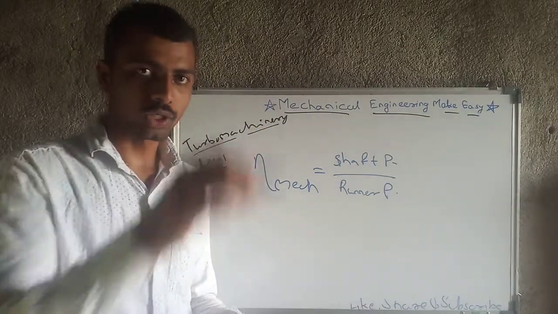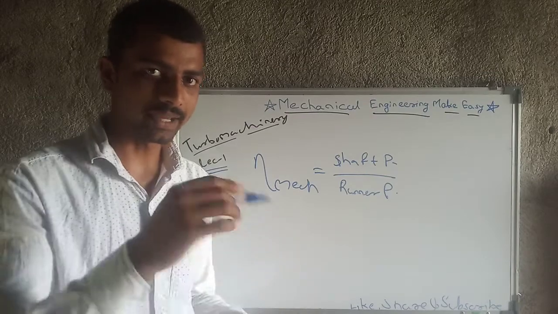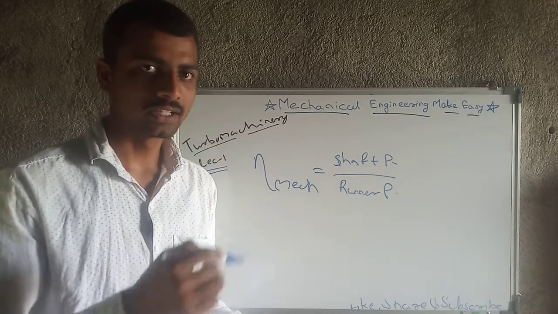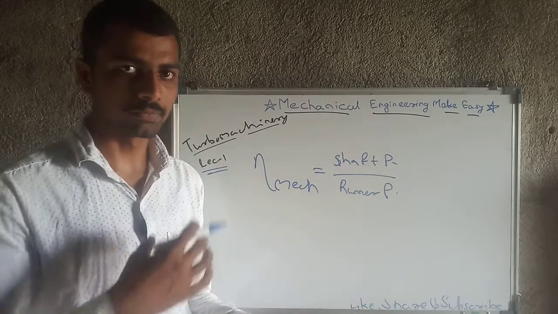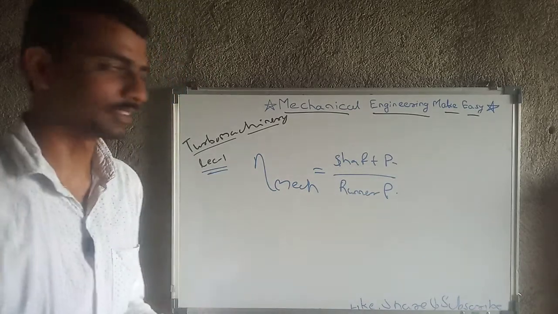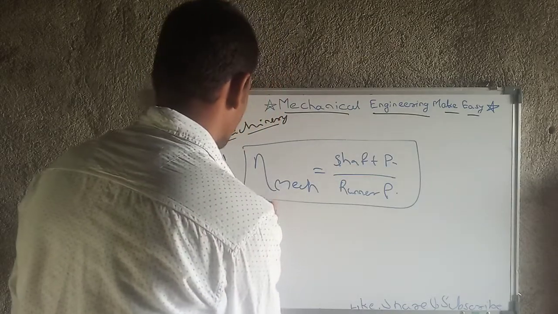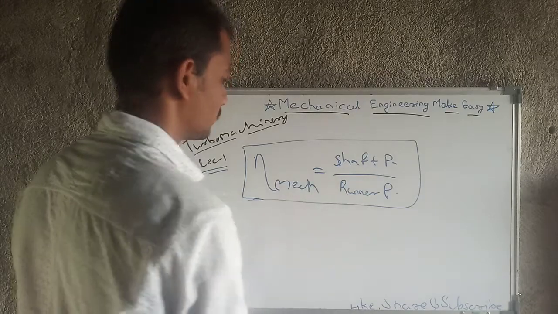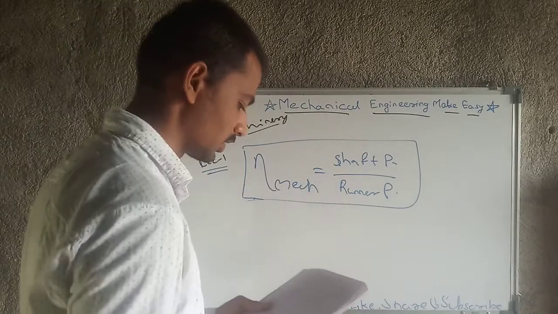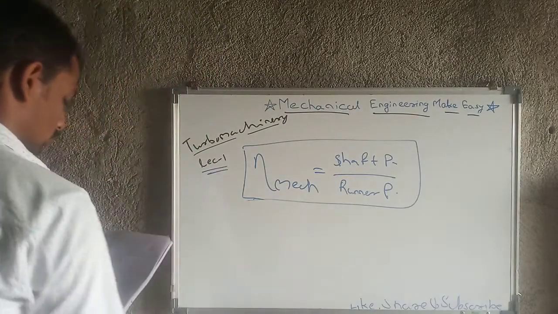The runner has developed some power, and the shaft also takes mechanical power, but because of losses like friction, losses occur, and we account for those losses with the help of mechanical efficiency. So it is nothing but the shaft power upon runner power.